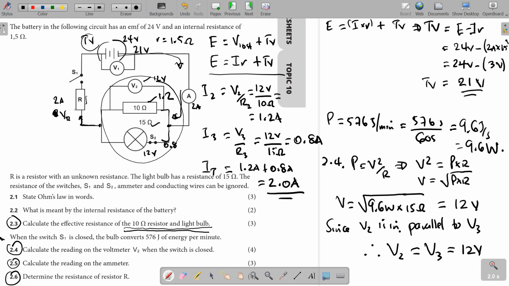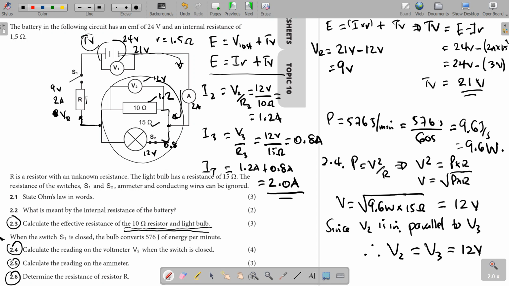So voltage across R will be equal to 21 volts minus the 12 volts across that parallel network. When we do that, it will give us 9 volts. Let me just confirm this. That's 21 minus 12, that gives us 9 volts. So the voltage here is 9 volts.